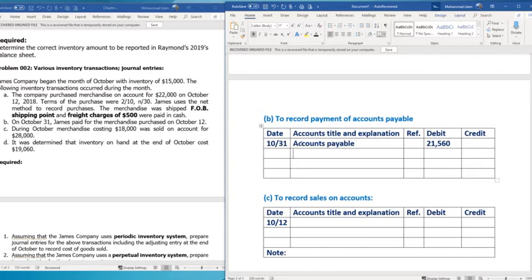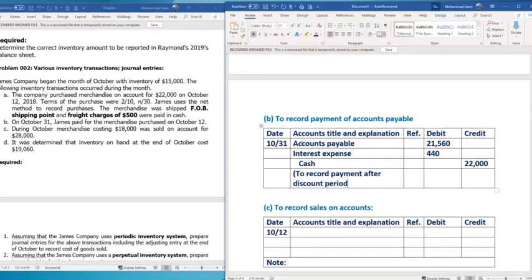Then for the amount of discount that we missed, we record interest expense debit, that is 440, and we have paid the entire amount in cash, so that is 22,000. This is to record payment after discount period.